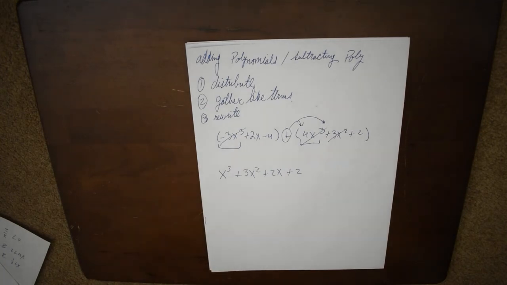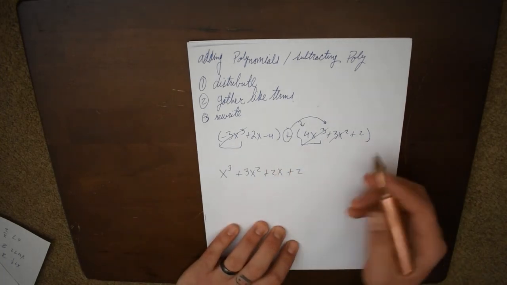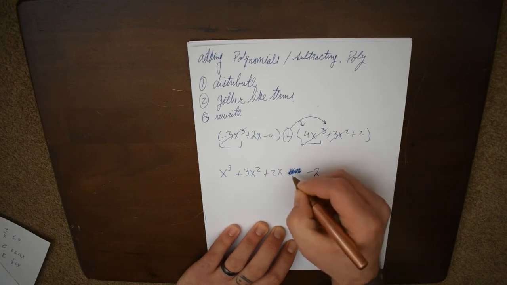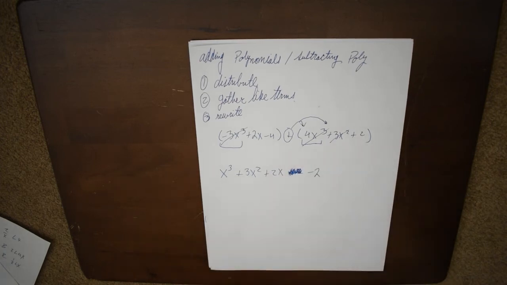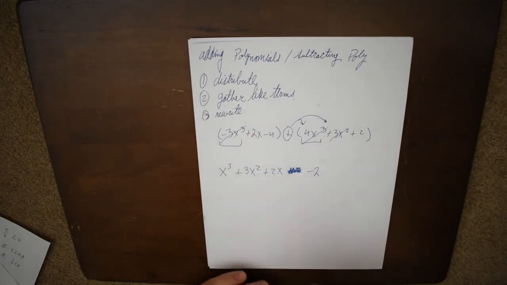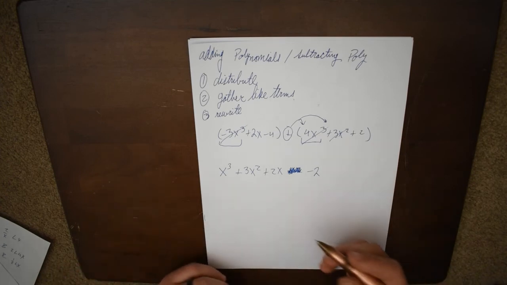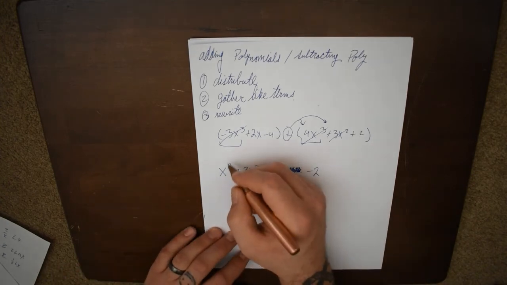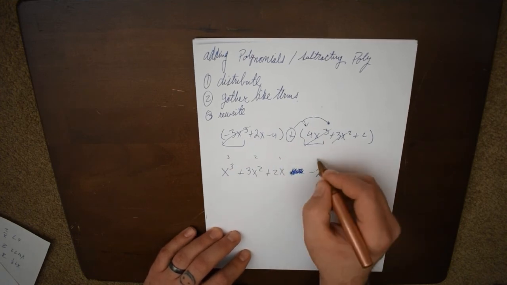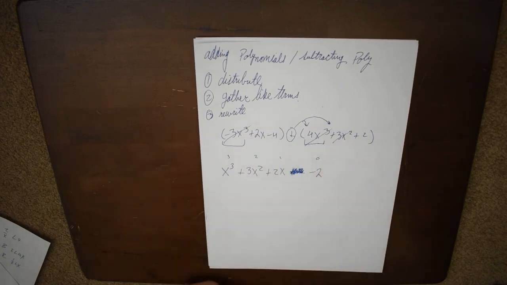Negative 4 plus 2 gives us a minus 2. There we go. I already did step 3 as I was doing step 2. But the final step would be to rewrite these with our powers decreasing. We've got degree 3, degree 2, degree 1, degree 0.